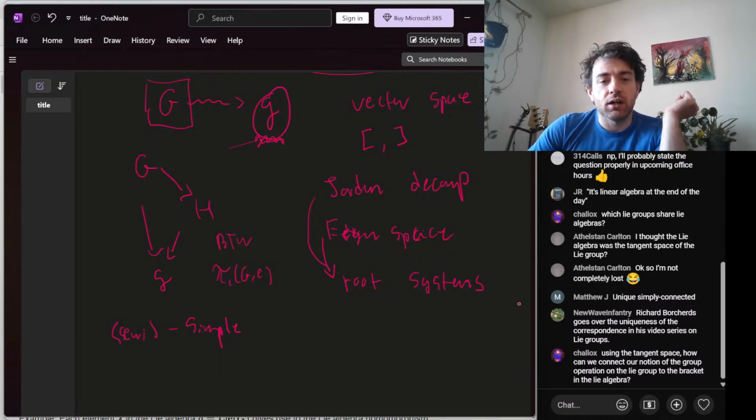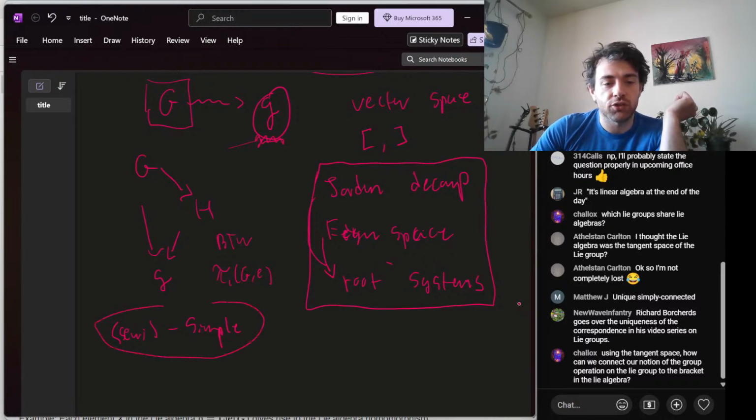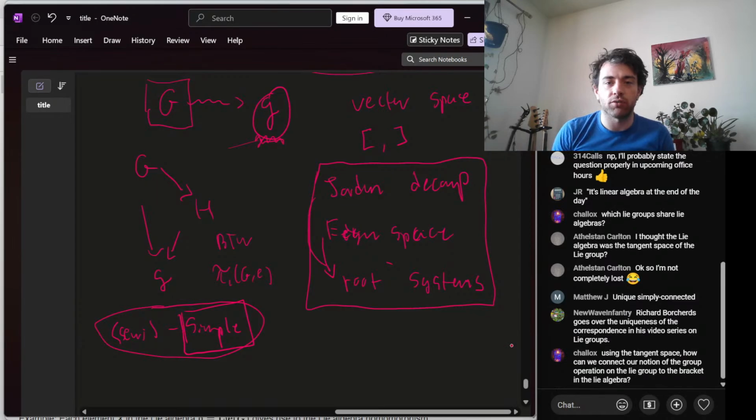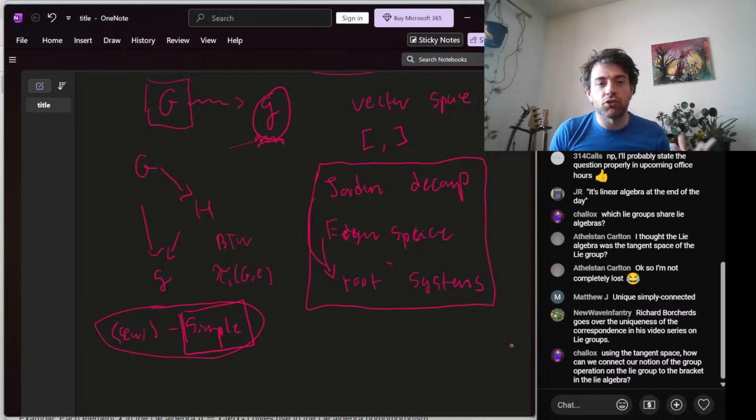Using these tools of linear algebra, we have a very beautiful classification of all the semi-simple and in fact simple Lie algebras in terms of linear algebra and combinatorics of root systems. So hopefully this so far has been a somewhat convincing pitch for Lie algebras as a means to understand Lie groups.